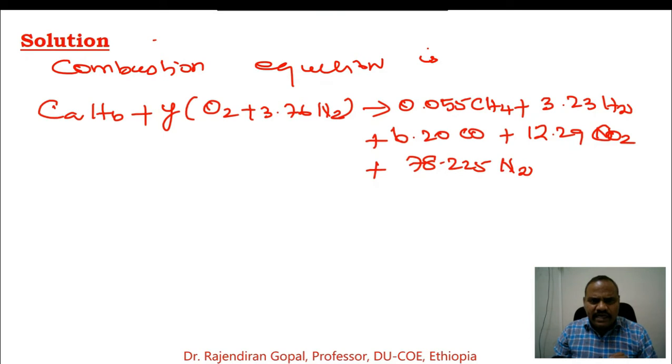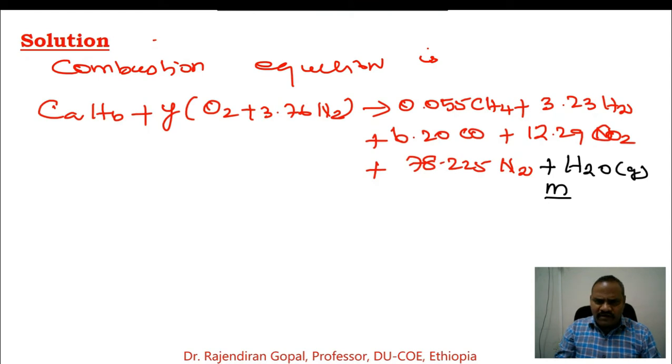Now we know that any hydrocarbon fuel bonds with air to produce water as vapor, assuming that M mole of water is present in the products of combustion.